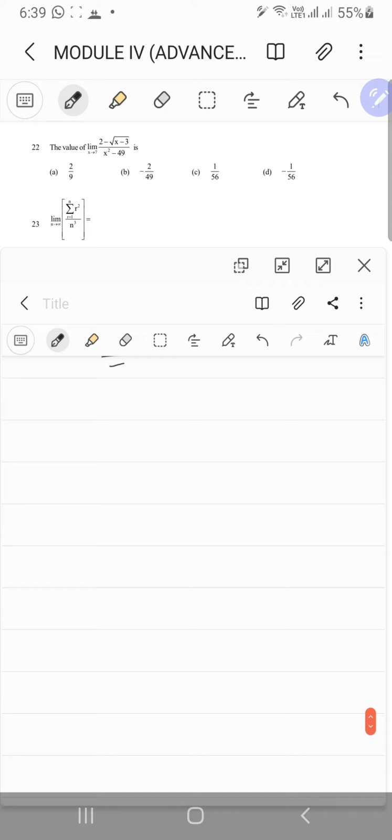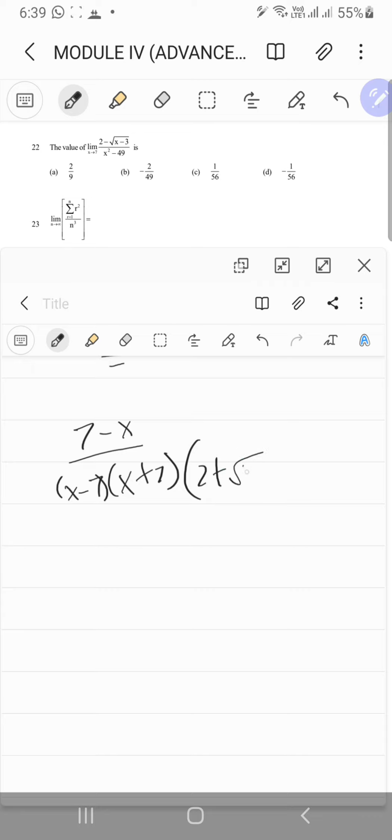Limit x tends to 7 of this thing. So yeah, factorize. This should be 4 minus x, minus x. This should be 7 minus x. Okay, and then here you will have 2 plus the square root of 10. No, 4. Okay, did I do it correctly?